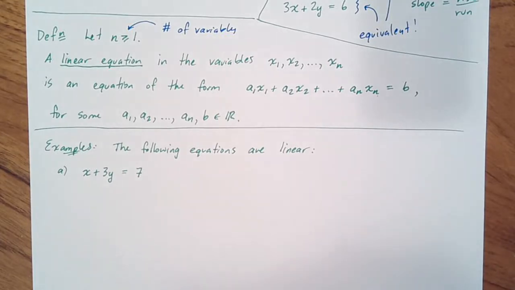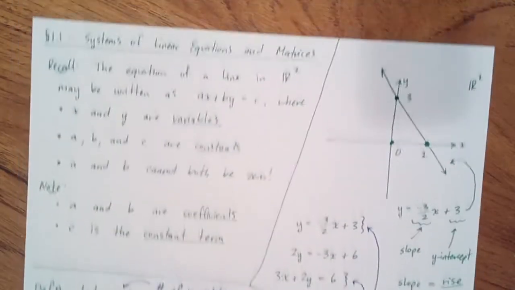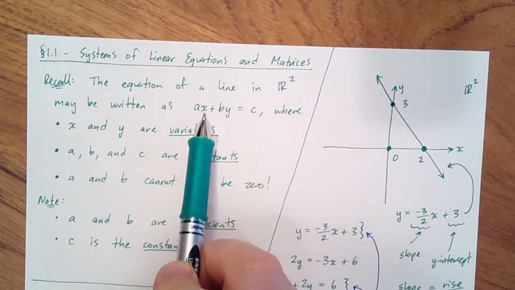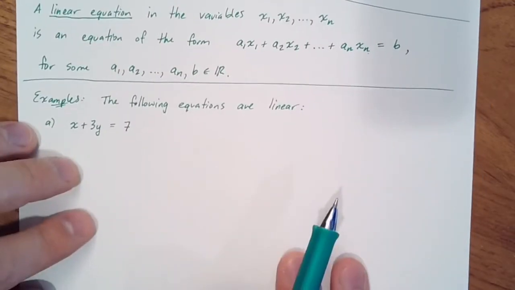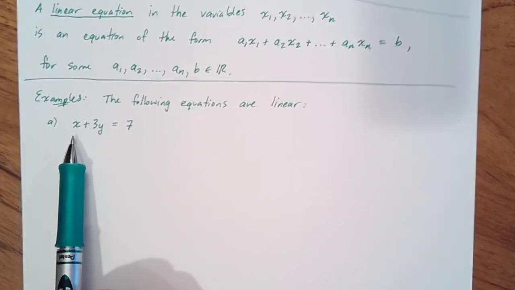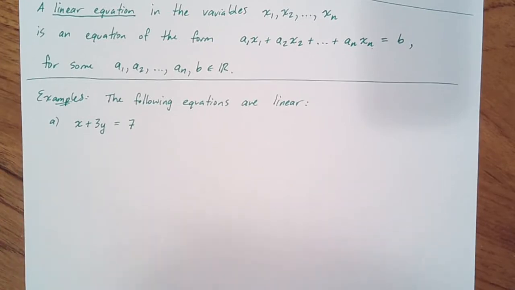Is this a linear equation? If you go back up here, you'll notice that the x is supposed to have something multiplied onto it. But what is it in this case? It doesn't look like there's anything written in front of the x as a multiplier. Does that mean it doesn't have a multiplier?